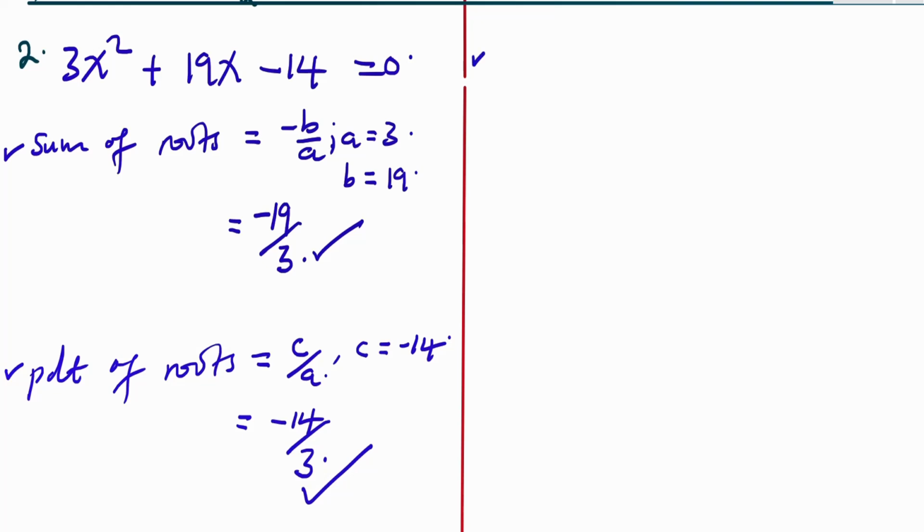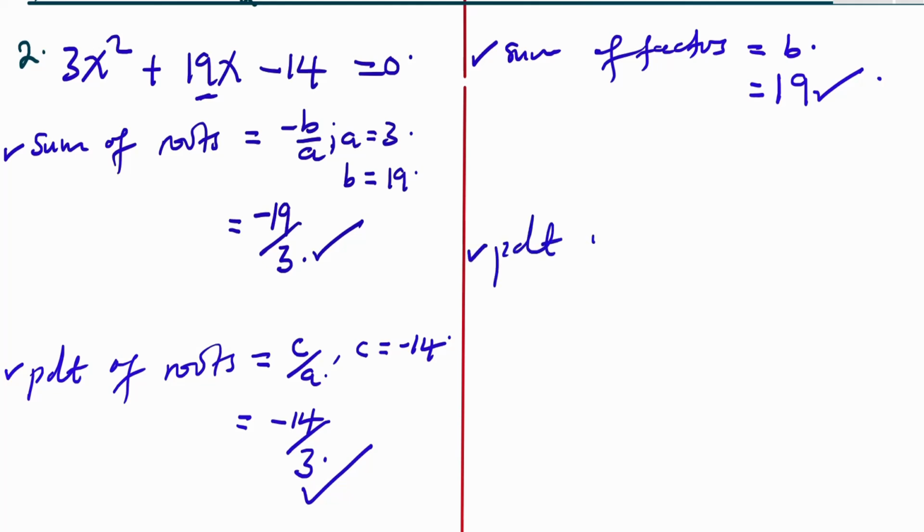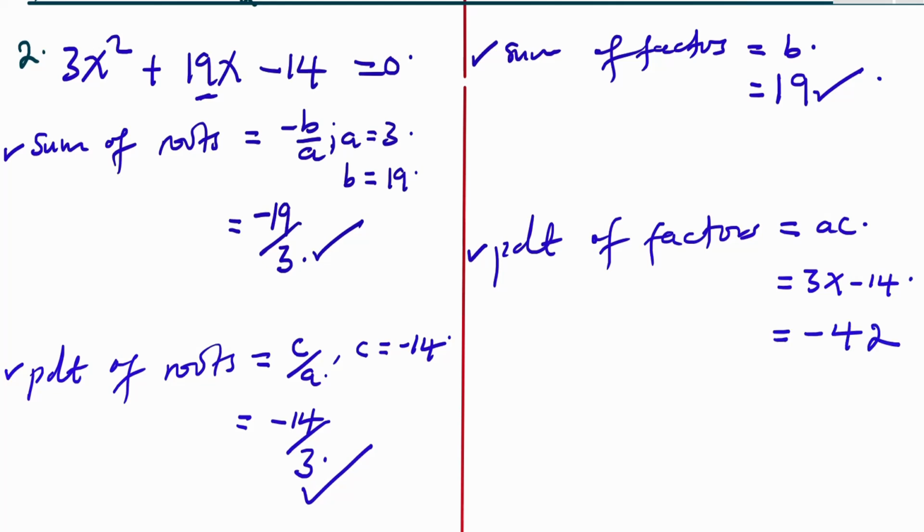On the other hand, the sum of factors equals b, and our b from the equation is 19, so it becomes just 19. Also, our product of factors equals ac, and our a from the equation is 3 multiplied by our c, which is negative 14. Here we are getting negative 42 as the product of factors.